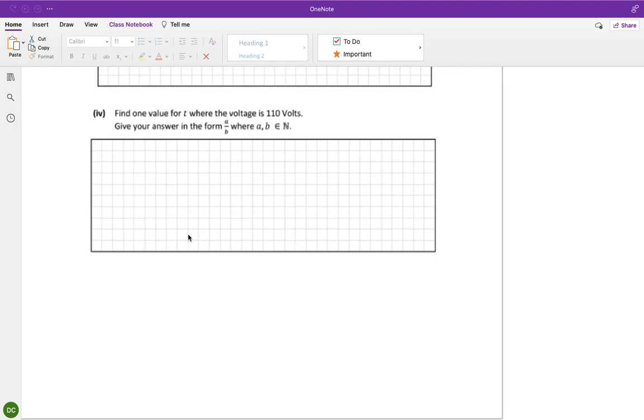And find one value of t where the voltage is 110 volts. Okay, so that's where I have the answer. So 110 equals 110 root 2 sine of 120 pi t. This feels like it's going to be the same again.